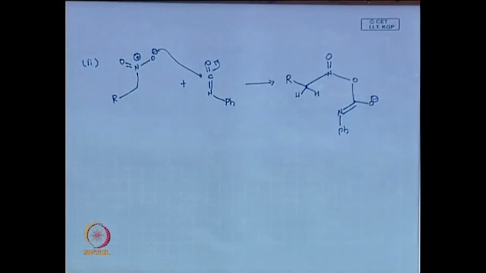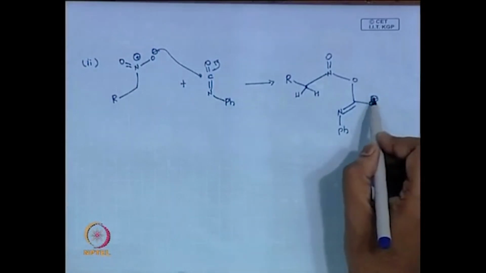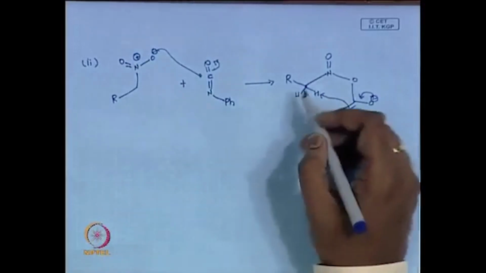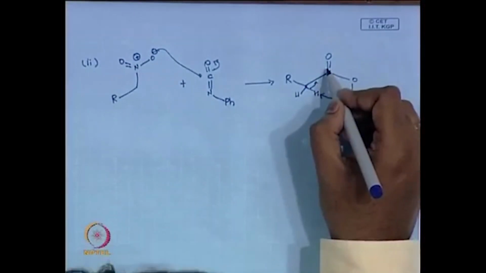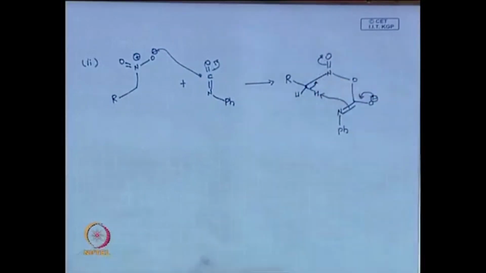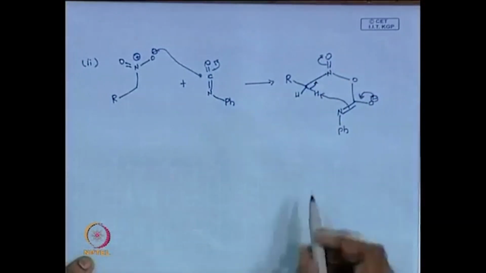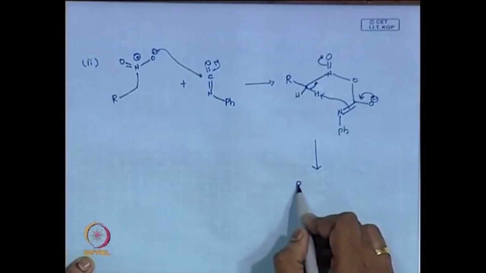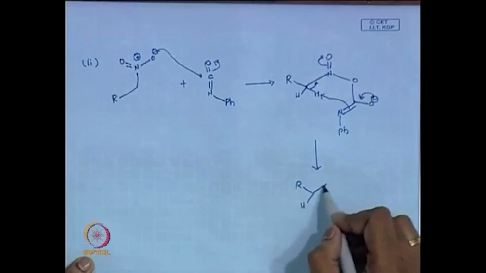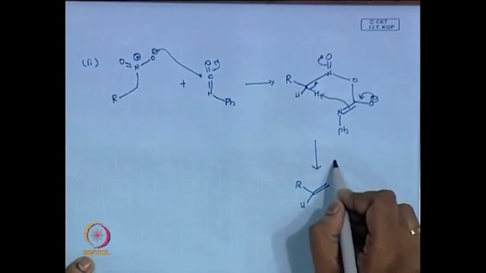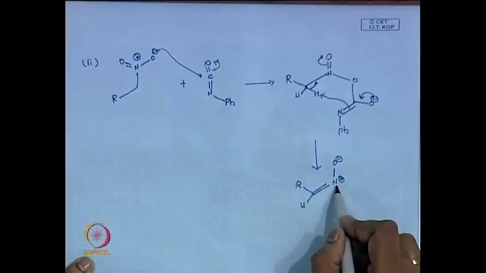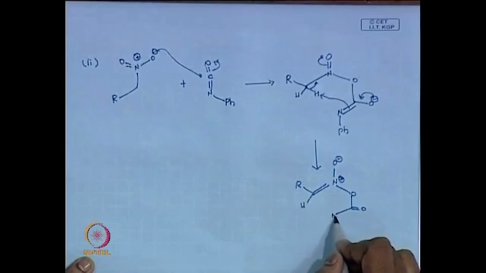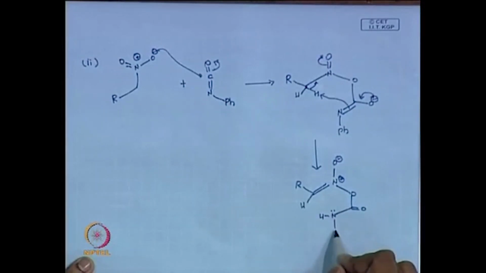Yes, what this can do now, I can take my hydrogen, and I might end up with R H double bond O minus with an N plus, and then my other system, carbonyl and NH with a phenyl.